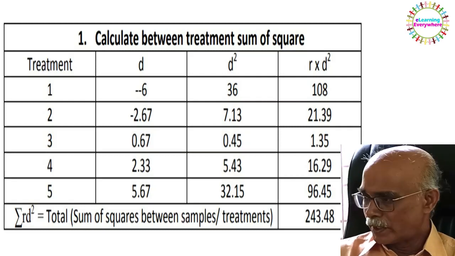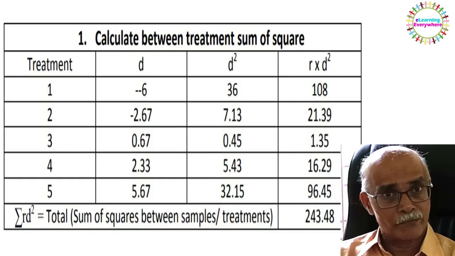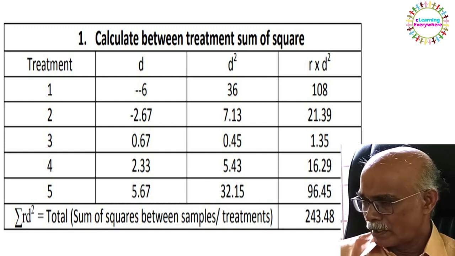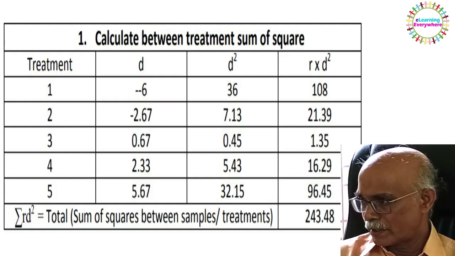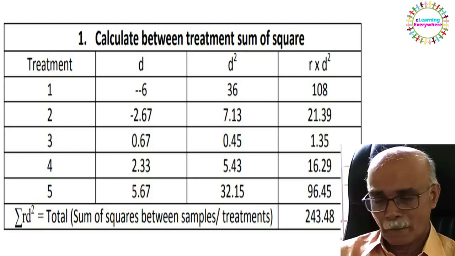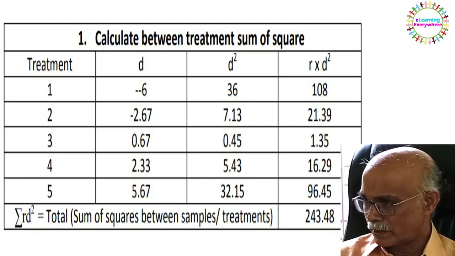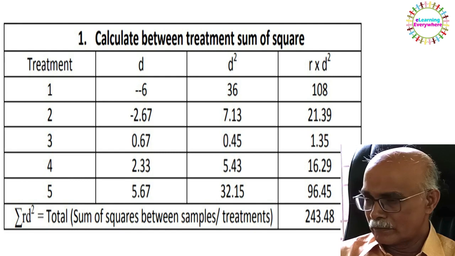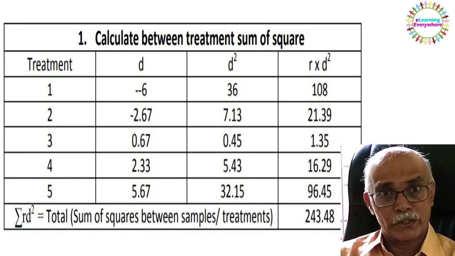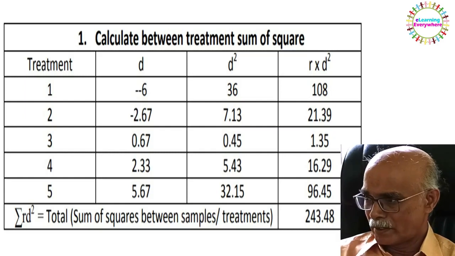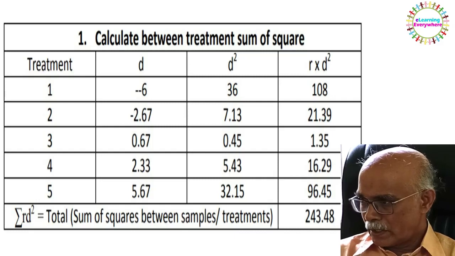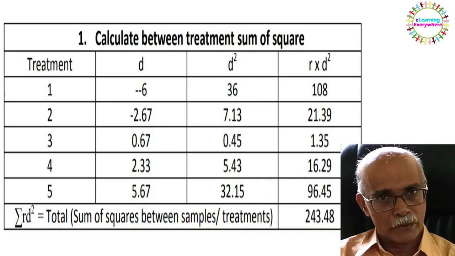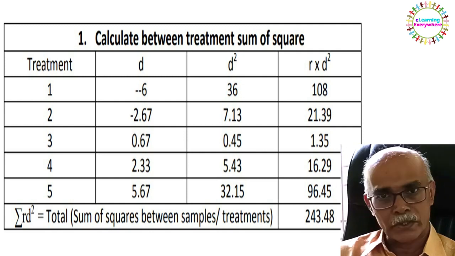So here you are finding out R D square, which is similar to F D square, as I mentioned, and you get the corresponding R D square in each row, which is the number of replications into D square, and you are finding out the total to get the sum of squares between treatments or sum of squares between samples.